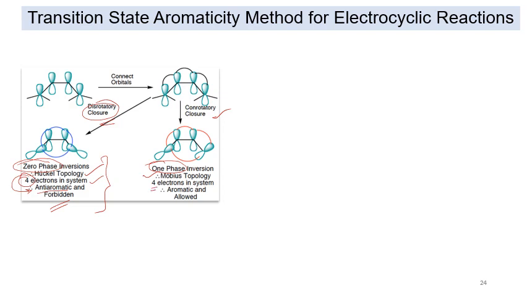We saw previously there are 4 electrons in the system. Therefore, according to the Mobius topology, this will now be aromatic and it will be allowed. Therefore, the conrotatory ring closure will be allowed because it possesses a Mobius aromaticity in the transition state.